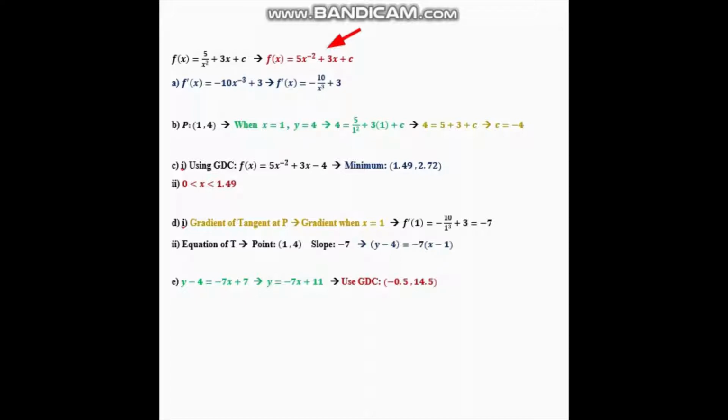The change that I've made is that I've taken x squared from the denominator to the numerator, and I've changed the power to -2. So the derivative of the red function right there is given by this blue expression, -10x to the power of -3 plus 3, or -10 over x power 3 plus 3. Both formats are fine.